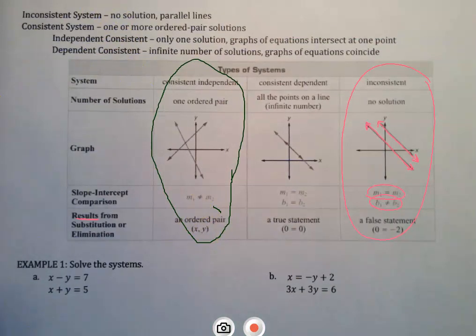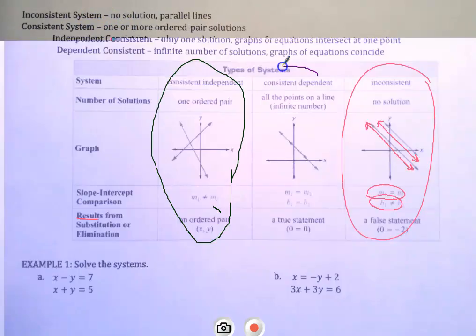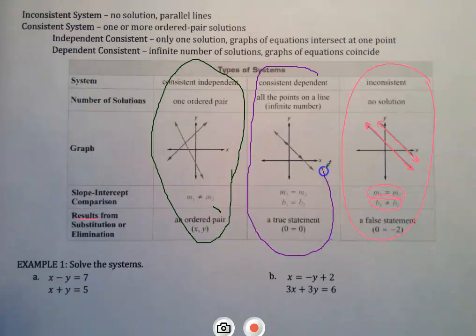A dependent consistent, or a consistent dependent, is when we have the exact same line. So all the points on a line, it has an infinite number. What does our solution look like in that case? Not no solution. That was parallel. All solutions. We didn't write all solutions.